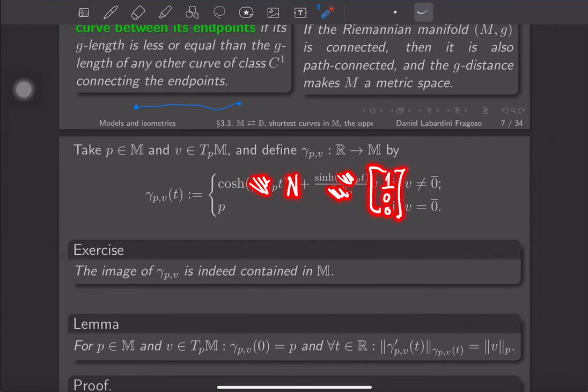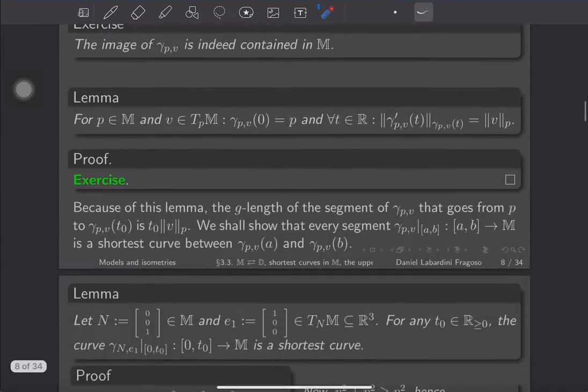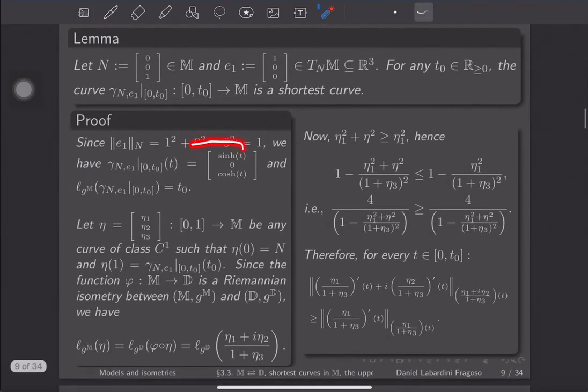So you see the formula tells me gamma of t is hyperbolic sine of t in the first coordinate, and then 0, and then hyperbolic cosine of t in the third coordinate, because n is equal to 0, 0, 1, right? So that's what I have here. This just indicates restriction to the interval.